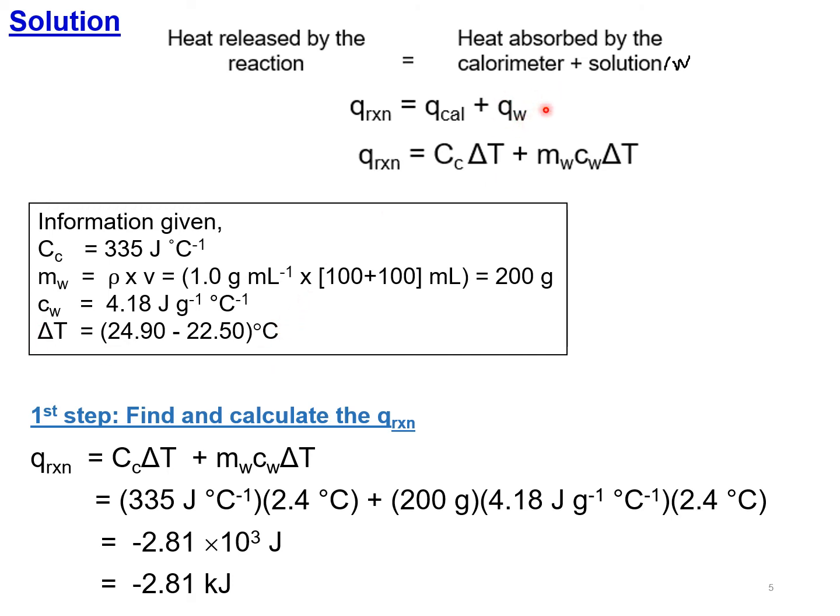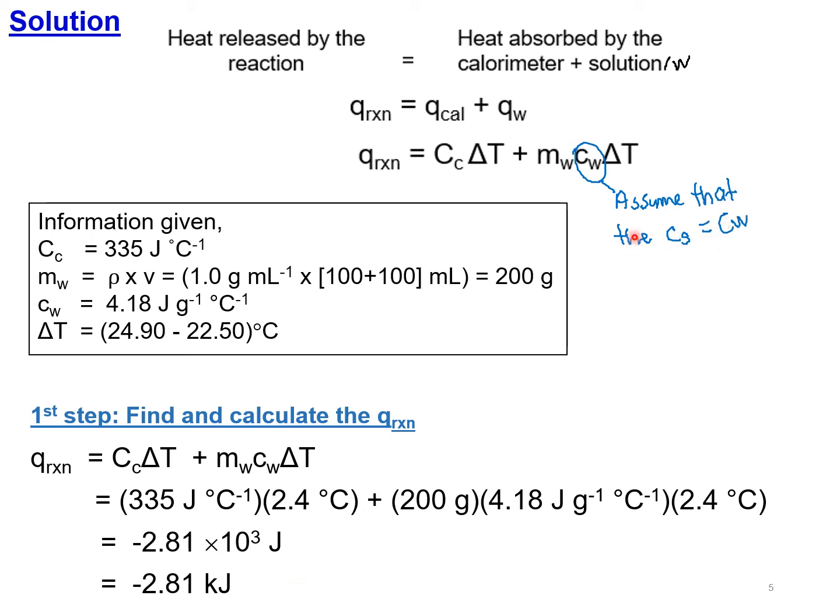And then QW ni ialah heat absorbed by the solution ataupun water, where MW ni ialah mass of the water ataupun mass of the solution, kalikan dengan CW, heat capacity of the water. In this case, since dia tak bagi tahu pun heat capacity of the solution, you can safely assume that the specific heat capacity of solution is equals to specific heat capacity of water, since dia tak bagi.